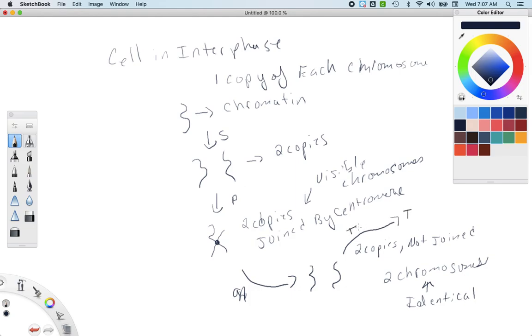Whoops, I should write it over here. Telophase. If I can erase that. Getting there. So telophase. And now, as we go back into interphase, we are right back here, which is why we say we have two genetically identical cells.